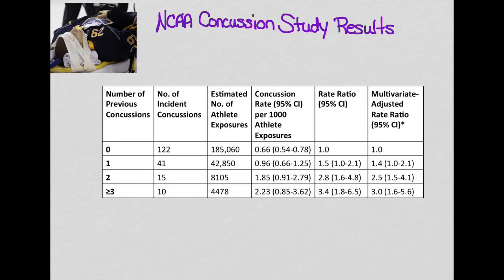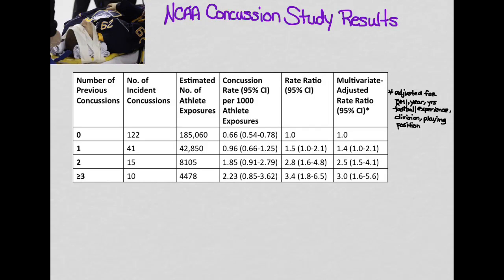And this is the number of athlete exposures to concussions, so the number of times, I think, practice and games that they were exposed to the possibility of having a concussion. And so then this is the concussion rate per 1,000 exposures. And this is the rate ratio, which is just the relative risk. And this is the ratio adjusted. And that's adjusted for BMI, years of football experience, division, and playing position.